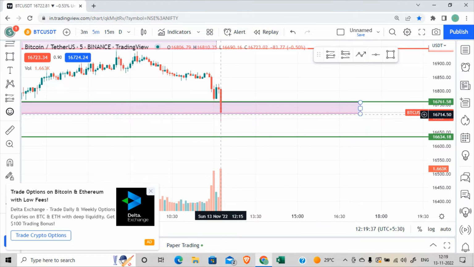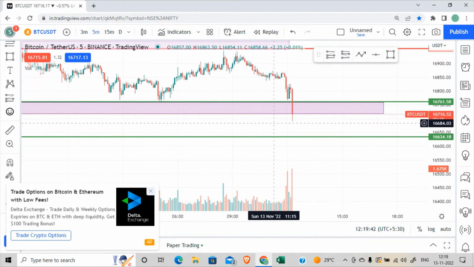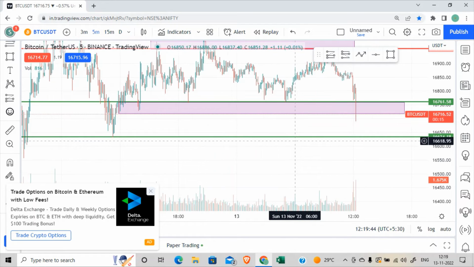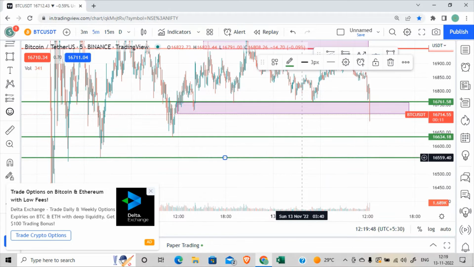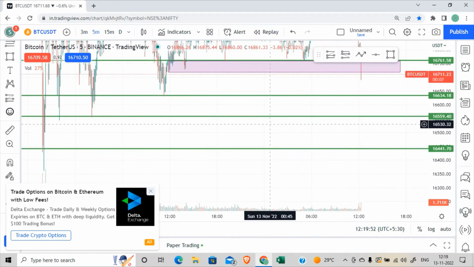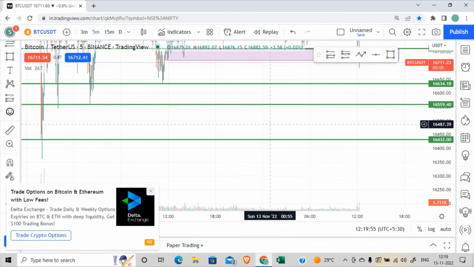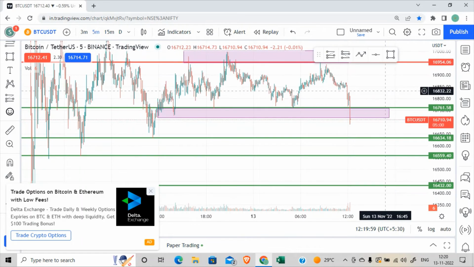Next we keep selling here because it broke the support level, right? So our first target will be this one, the next target will be this one, and the third target, T1, T2, T3, and this one. It's enough. So these are the support and resistance lines and how to draw them.